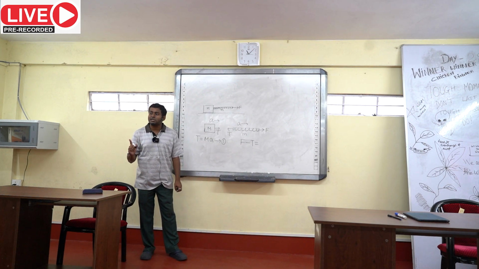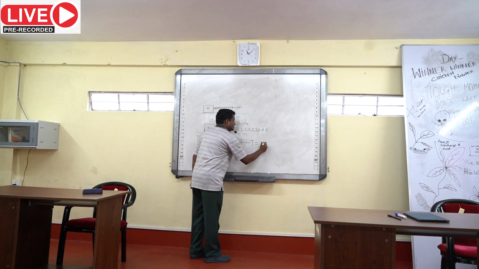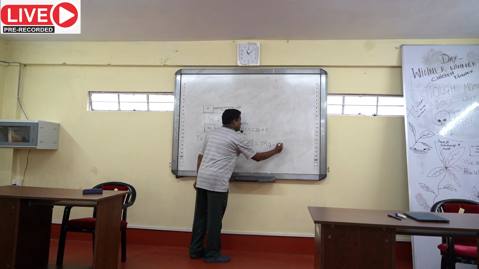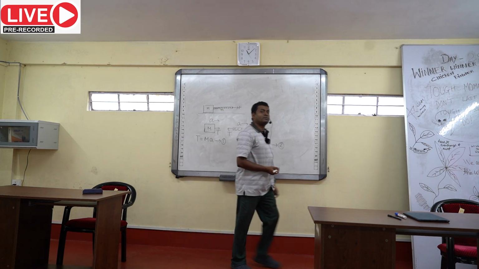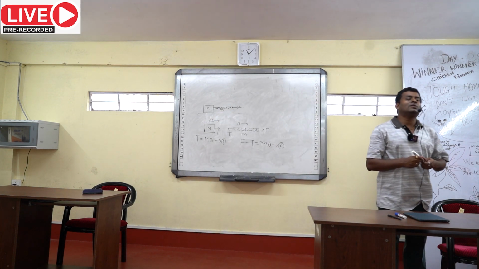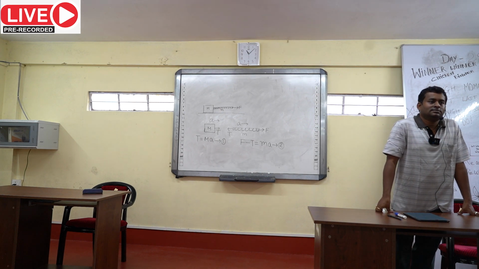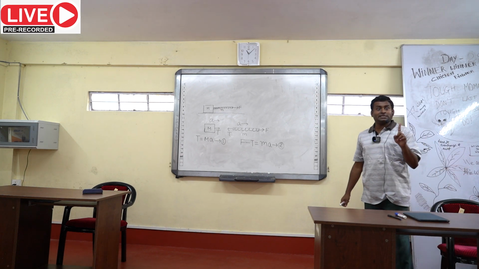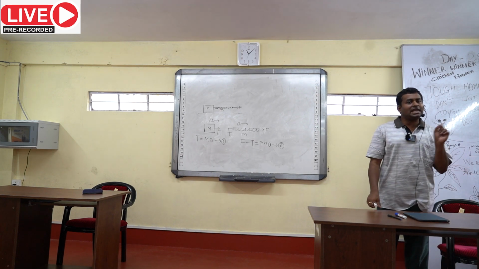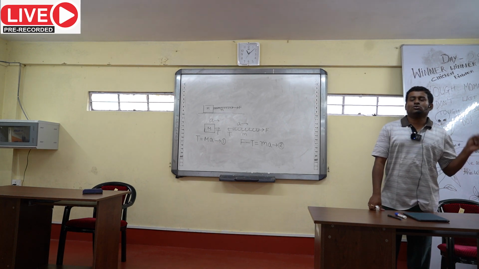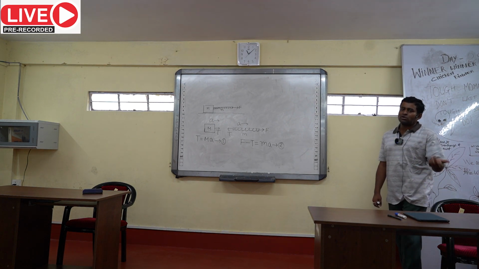This should be equated to mass into acceleration. Solve these two equations to find the value of T. Irrespective of A, the answer should come because there are two unknowns, T and A. So two equations, two unknowns. You can completely solve.